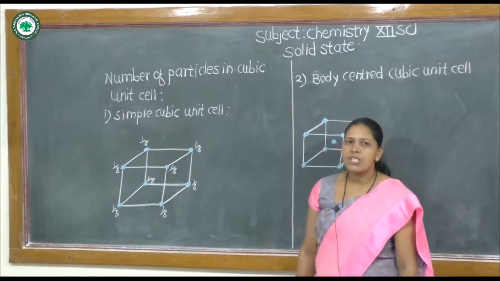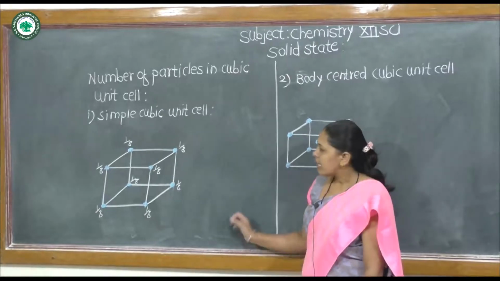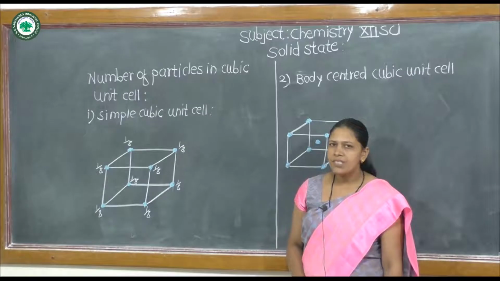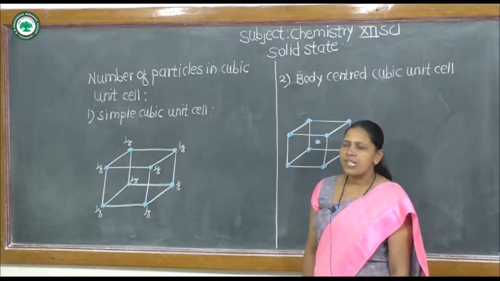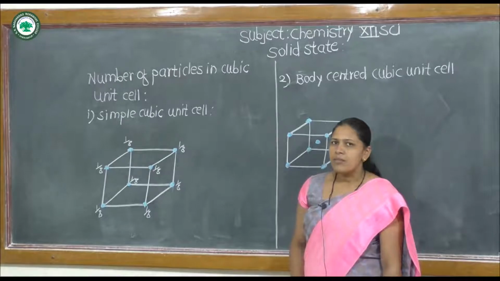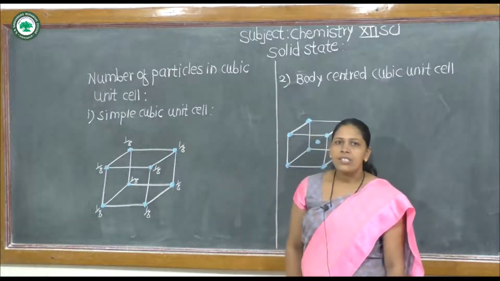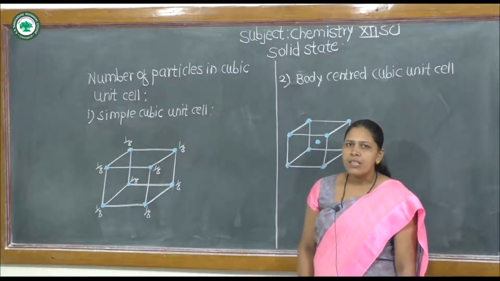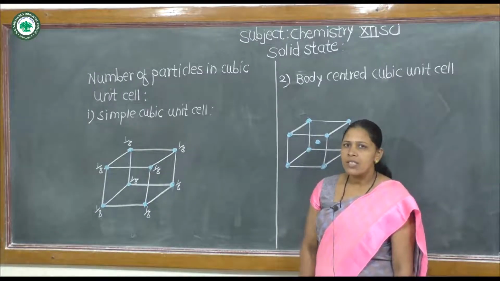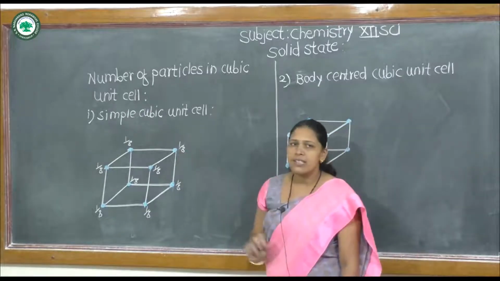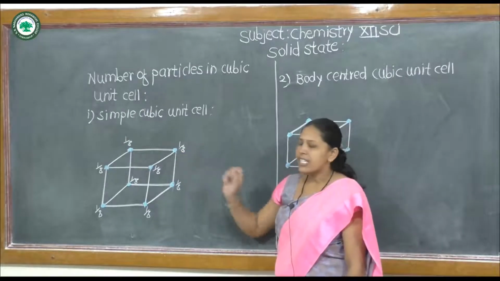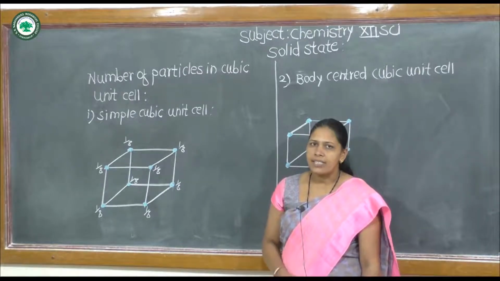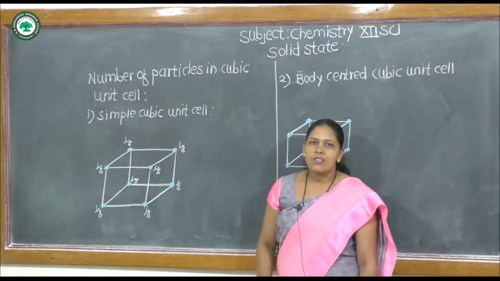In the simple cubic unit cell there are 8 corners. At each of the 8 corners 1 particle is present. But the 1 particle at each corner is shared with neighboring unit cells. Therefore, the particle at each corner contributes 1/8th. There are 8 corners.